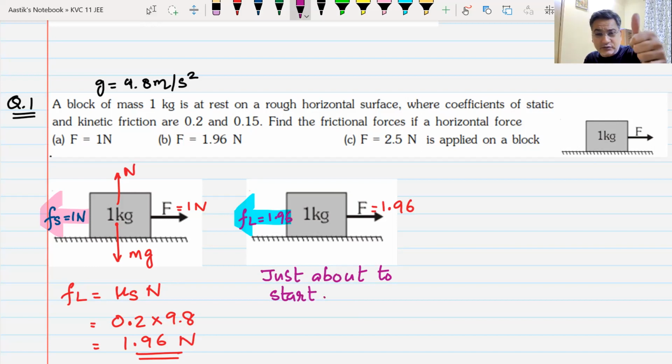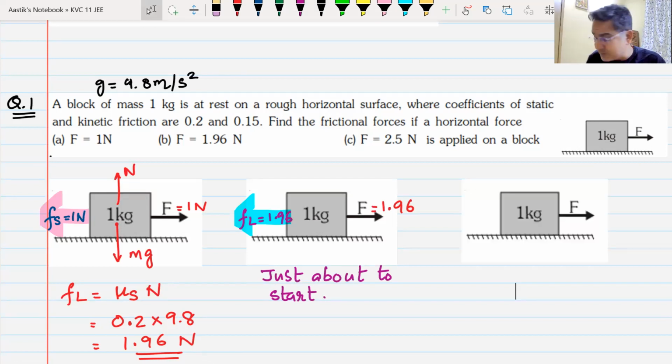Do we understand this? So the value of friction would still be equal to 1.96 newtons.